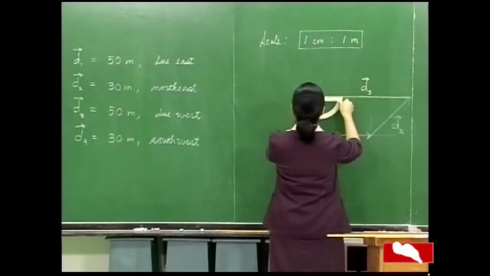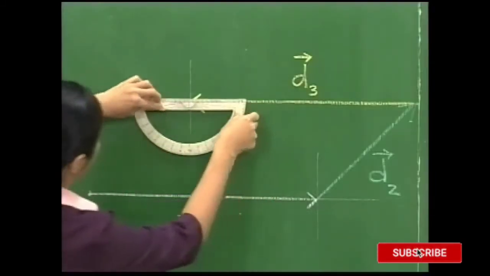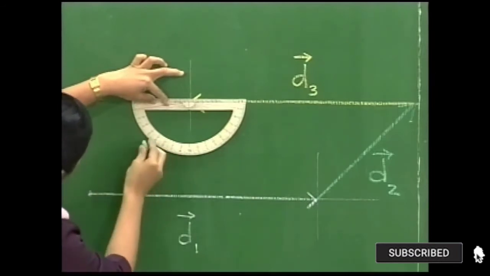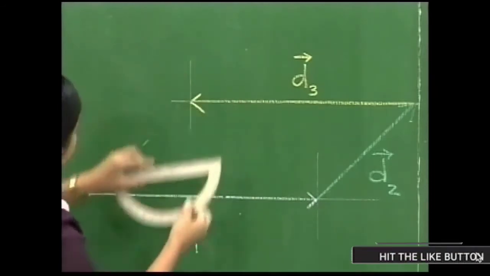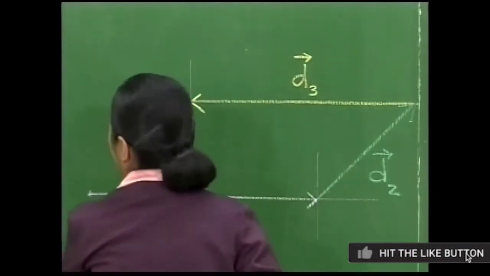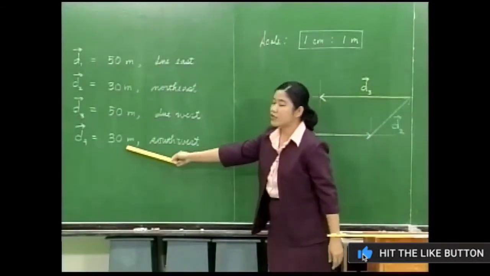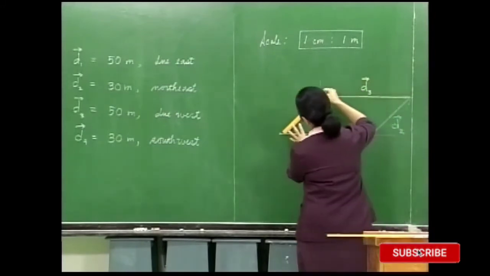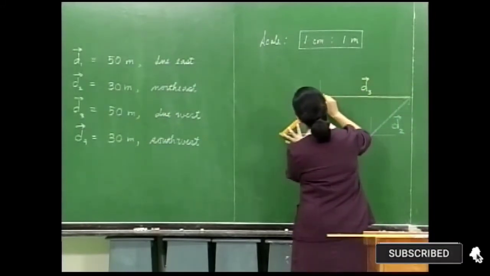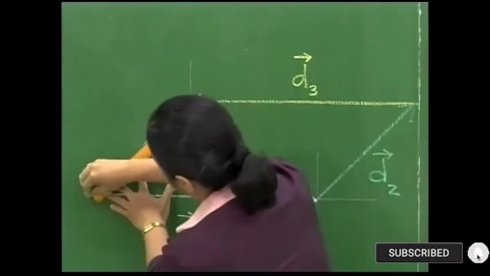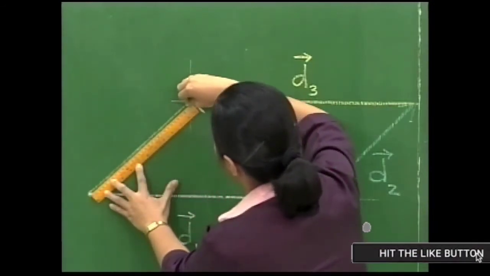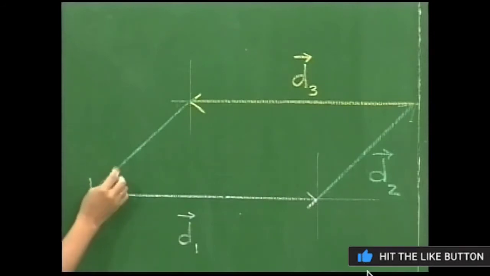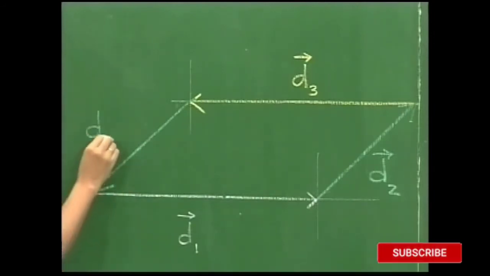So again, this would be 10, 20, 30, 40, 45. And it should be 30 meters. On our scale, it will be 30 centimeters. This is your D4.